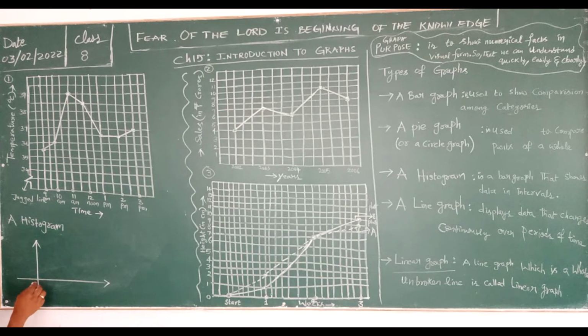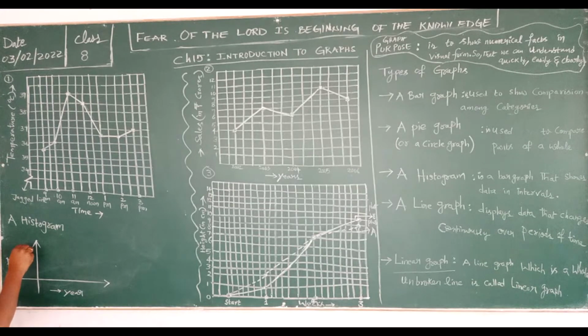Now let's say this x-axis is the year, academic years, and this is performance marks, or we can say attendance.